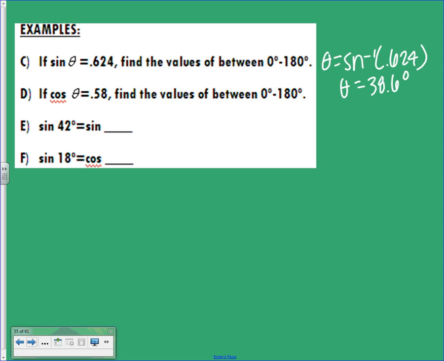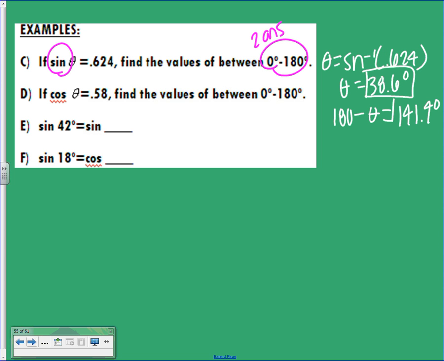Now the only tricky part is there are two answers between 0 and 180 that make that true, because we're dealing with the sine. To get the other one, it's going to be 180 minus that answer. So 180 minus 38.6 is 141.4 degrees. So I have two answers, 38.6 and 141.4.